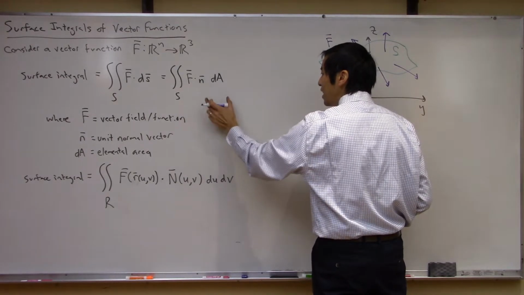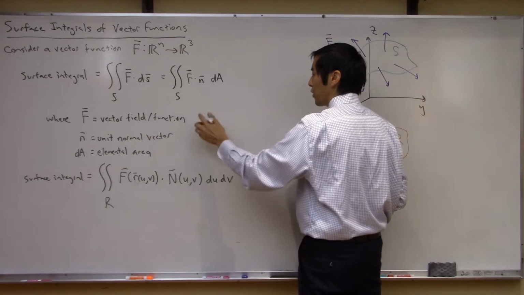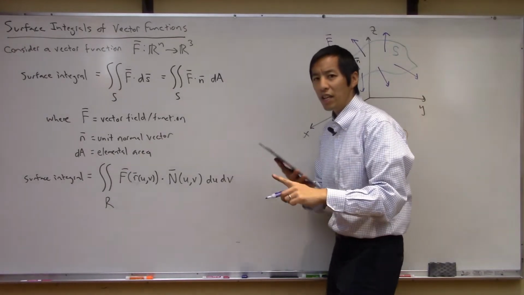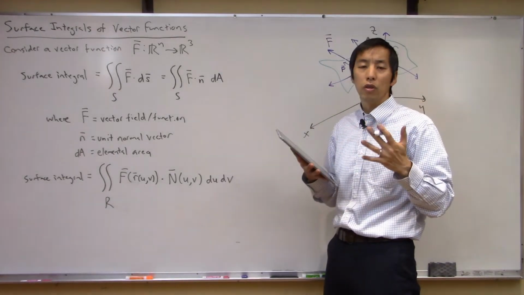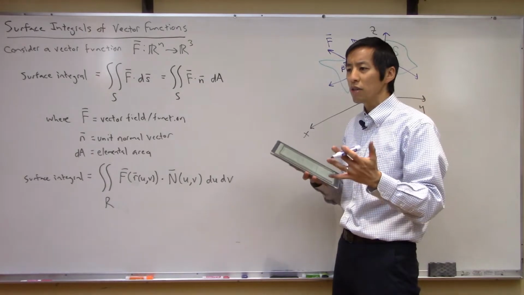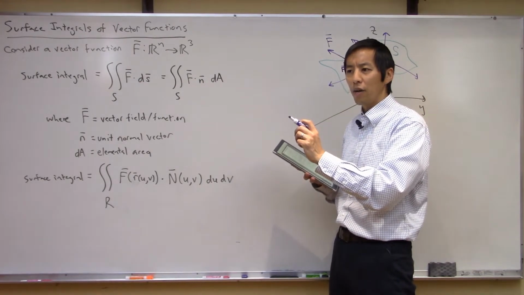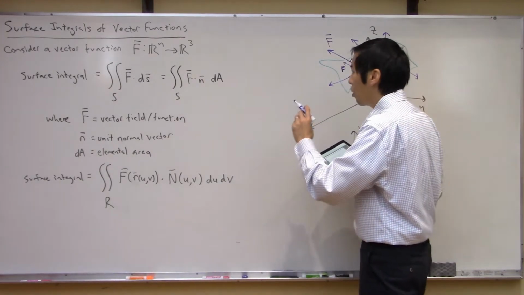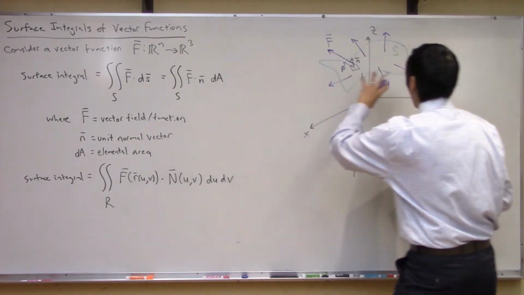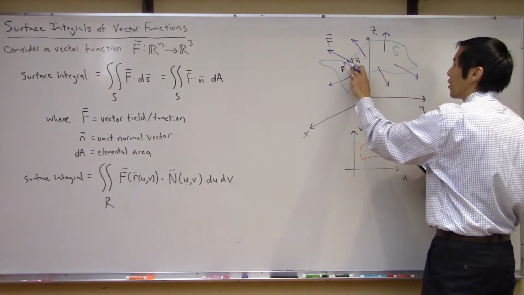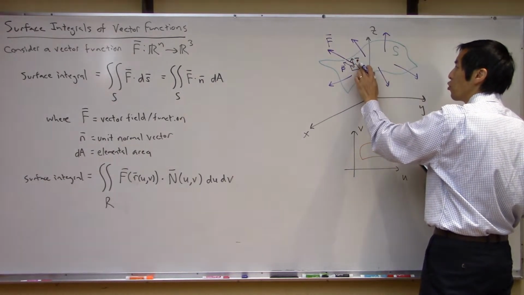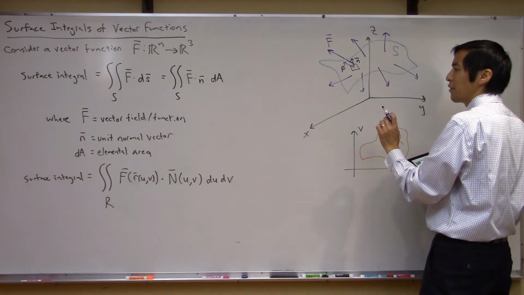So this is the idea of a surface integral of a vector function. It's basically taking a dot product. It's similar to how line integrals can be used to calculate the work of moving a particle through a force field. This is almost the same in the sense that we're adding up all of the components of flow that are normal to the surface at any given location.